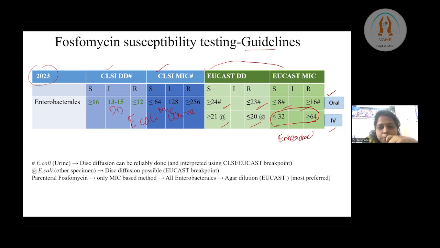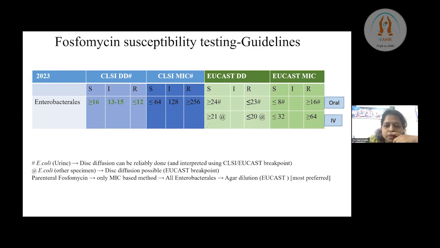So what breakpoints are we going to use in our study? According to EUCAST, we are going to follow this EUCAST disk diffusion breakpoint and EUCAST MIC breakpoint in our study. For all the specimens and all Enterobacterales isolates we are going to use this breakpoint only.